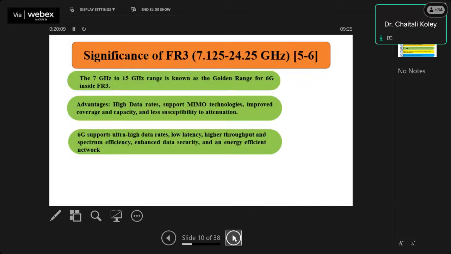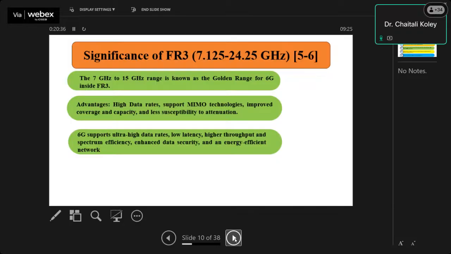This range supports high data rate and can support MIMO technology. It can also improve the coverage and capacity of telecommunication, and it has less attenuation. So these are the advantages of this golden range of the FR3 band, 7 gigahertz to 15 gigahertz.